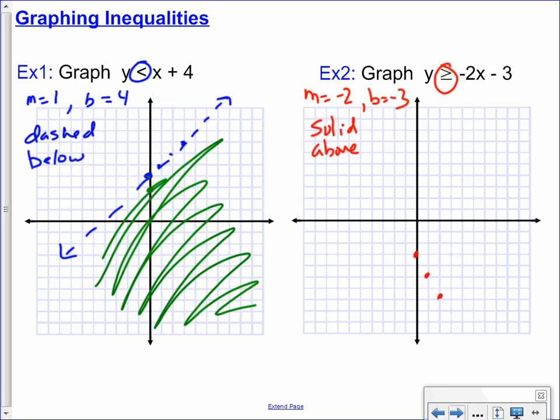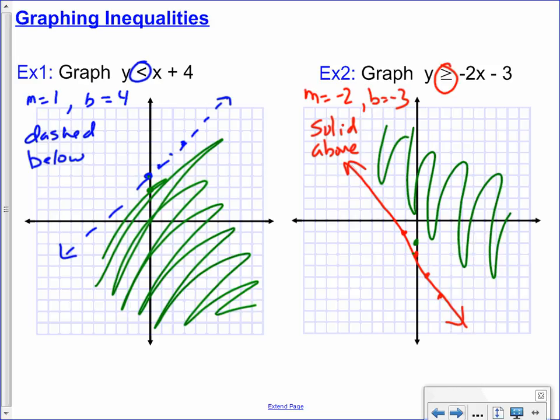Once you go forwards, if you start running out of spots, do the opposite: instead of down 2 to the right one, go up 2 to the left one, and you'll find something on this side too. Solid line. If you're shading above, pick a point on the line, and a point above it is where everything's going to be.